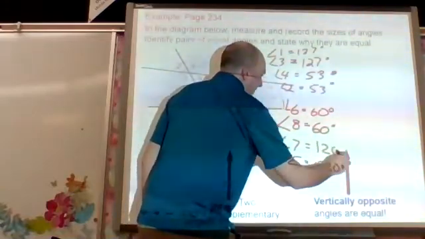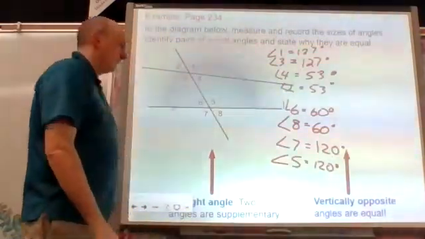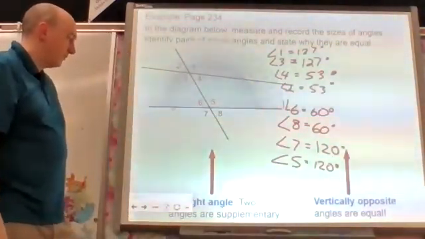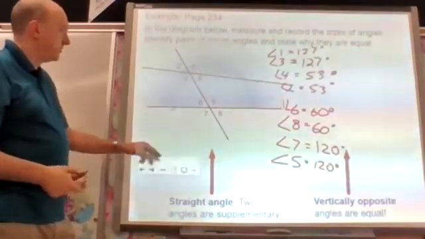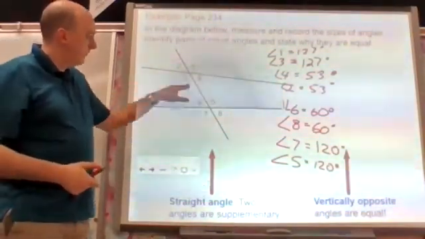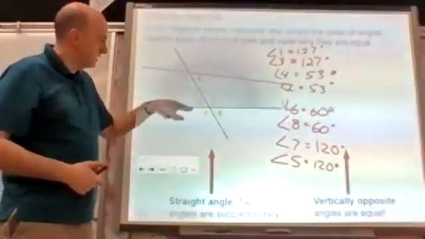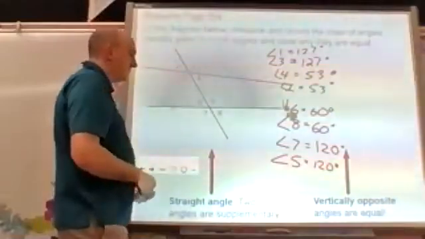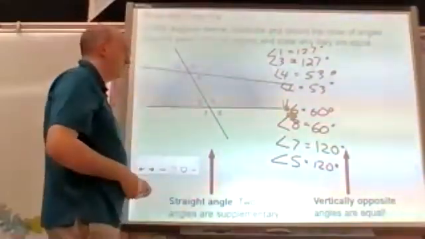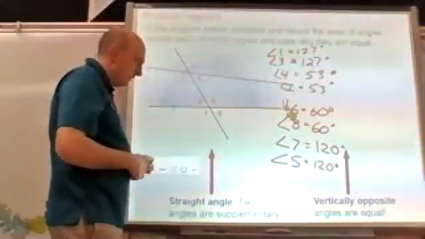7 has got to be the same. So, yeah, straight angles are formed by any two supplementary angles. So 6 and 7 are supplementary, 7 and 8 are supplementary, 5 and 8 are supplementary, 5 and 6 are supplementary. Those are all supplementary.